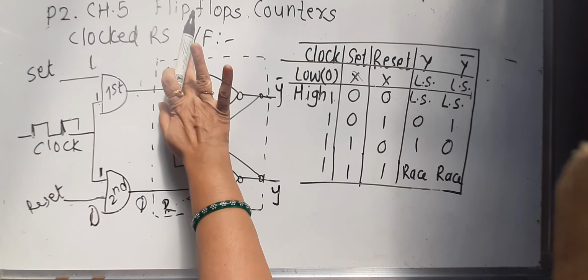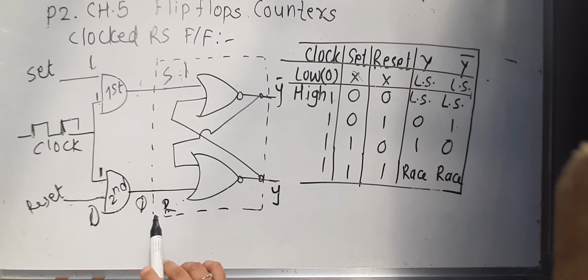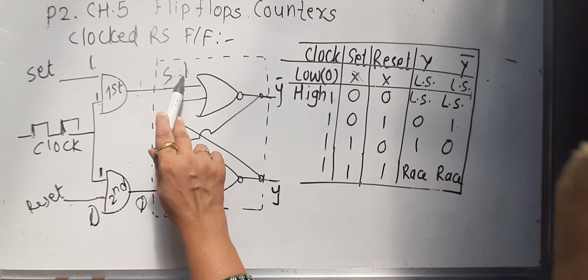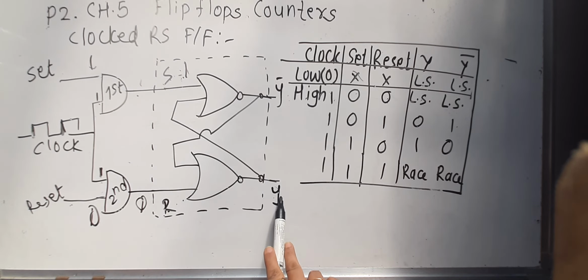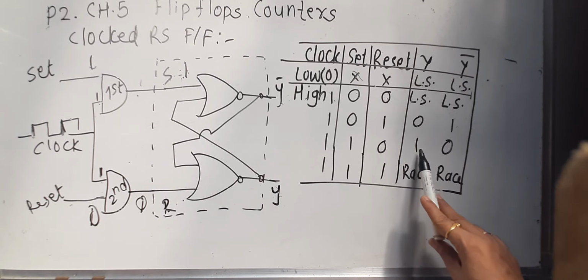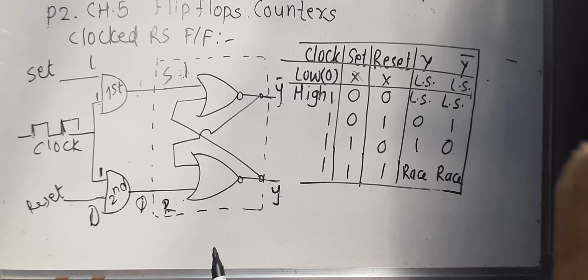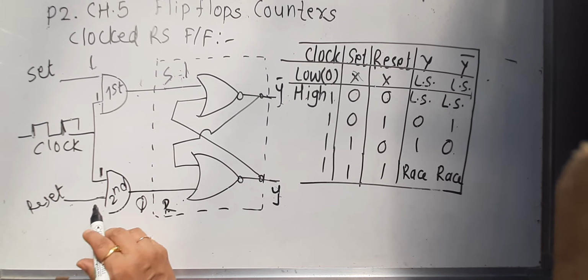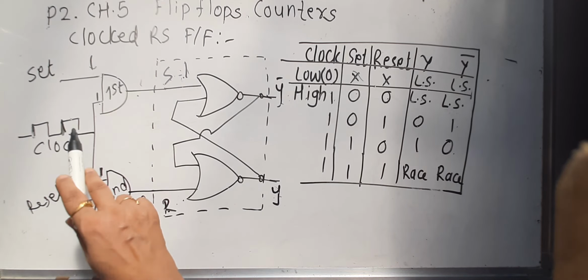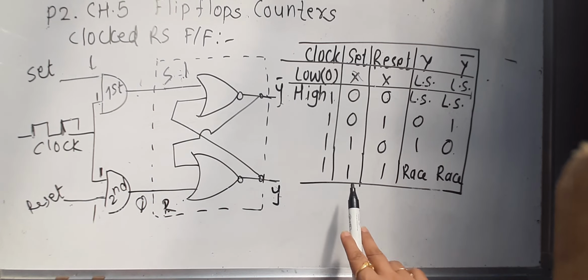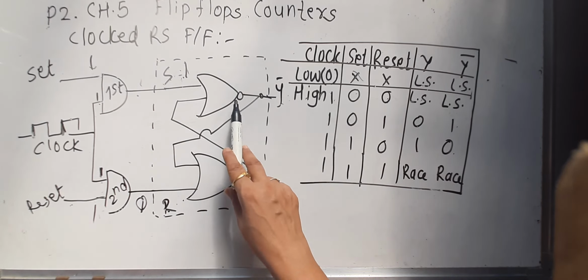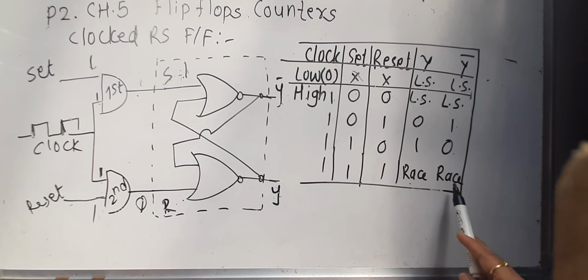So S 1, R 0, so set pulse is given to latch. Set pulse is given means Y is 1, Y bar 0. And when both are 1 1, we know if both are 1 1, then there will be a race between them to give low output. So here race condition will be there.